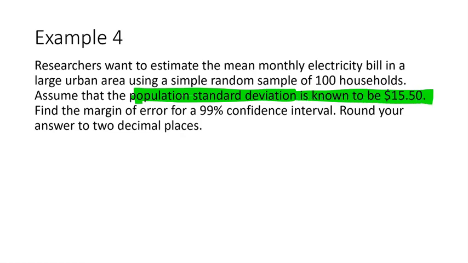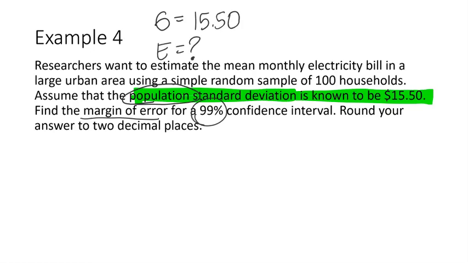It's important that you know that because I said population, this is sigma. They want me to find the margin of error. So my error is the question mark with 99% confidence. So my C is 0.99.